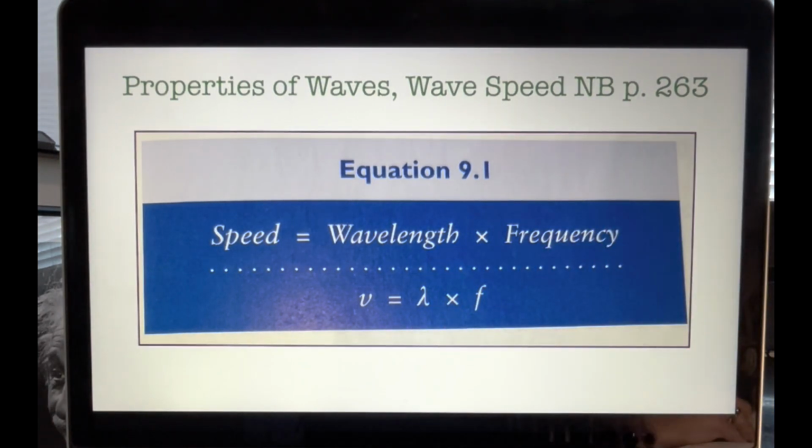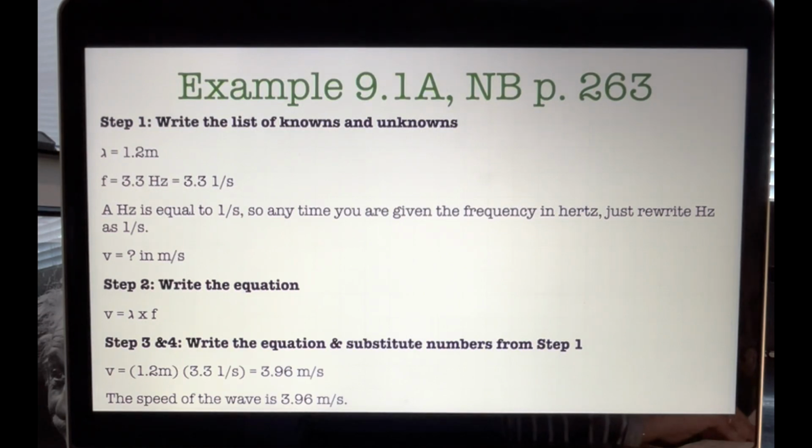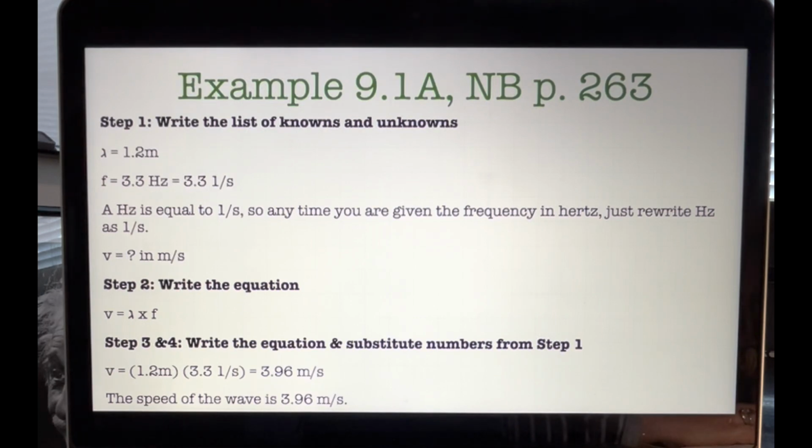All right, let's have an example. One end of a rope is vibrated to produce a wave with a wavelength of 1.2 meters. The frequency of the wave is 3.3 hertz. What is the speed of the wave in meters per second? Step 1 is always write the list of knowns and unknowns. We have the wavelength is 1.2 meters, the frequency is 3.3 hertz, or 3.3 times 1/second.